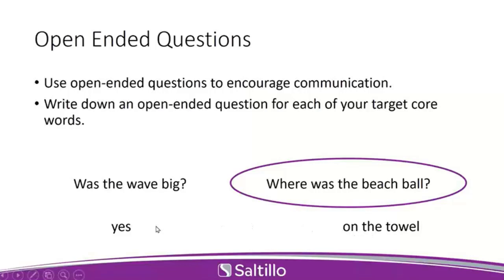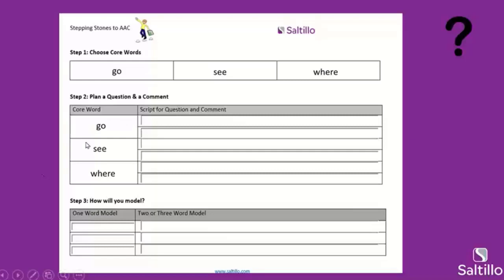So if it was on the towel or it's over there, that sort of thing. So can you think of some open-ended questions to go with the word go? I know the first one that I gave was, where should we go?